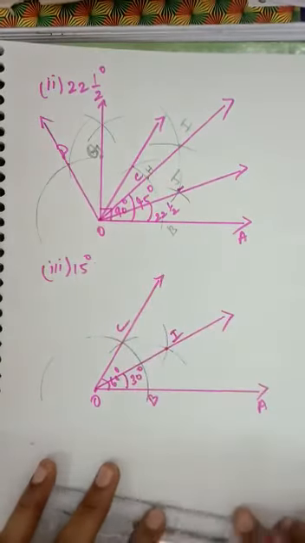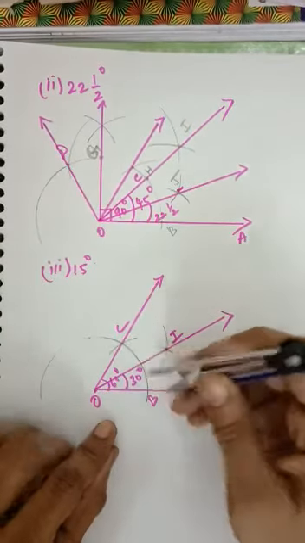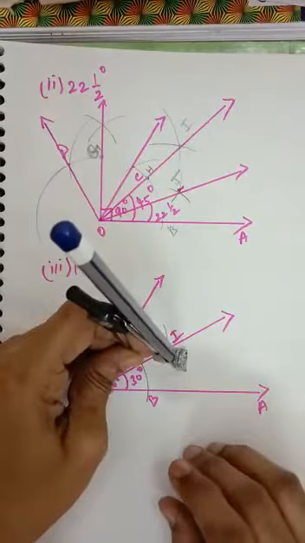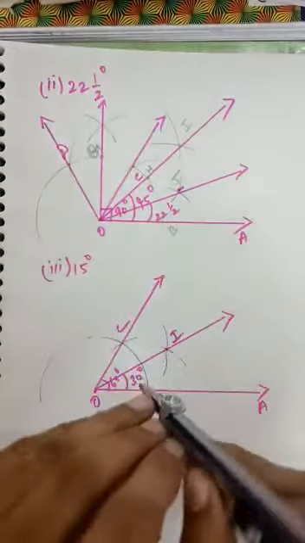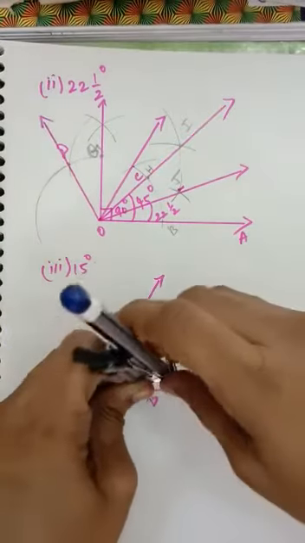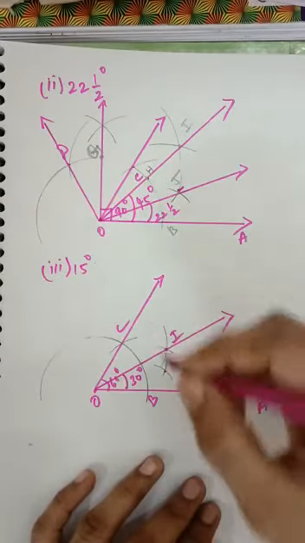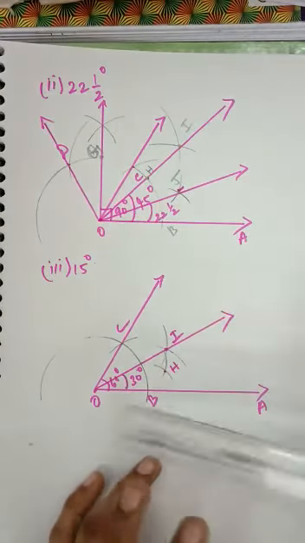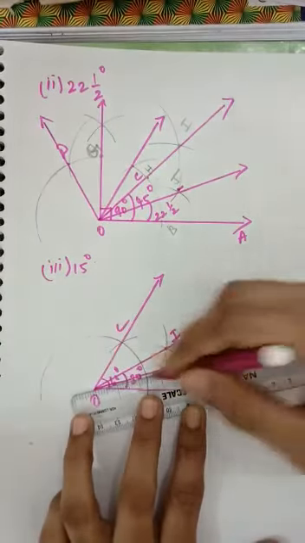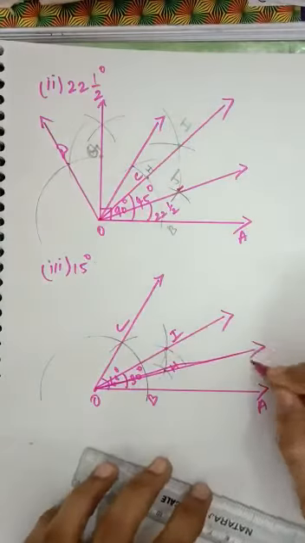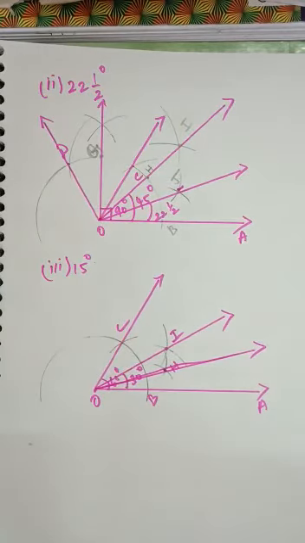We need 15 degree. So students listen, take these same arcs. Then take more than half. Now taking B as center, this point H. Okay, you should check with protractor.